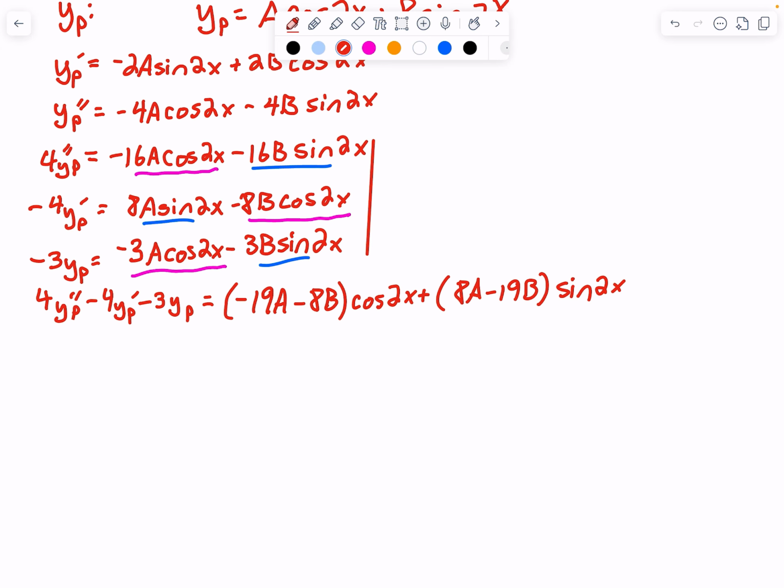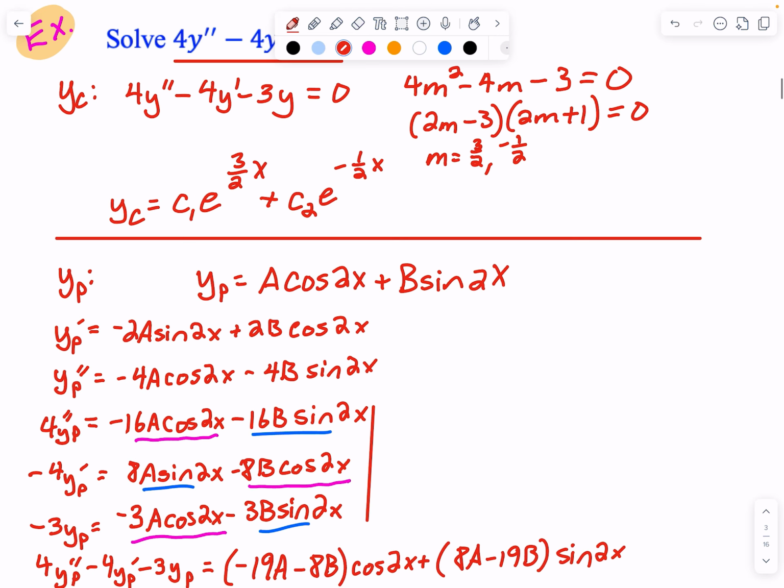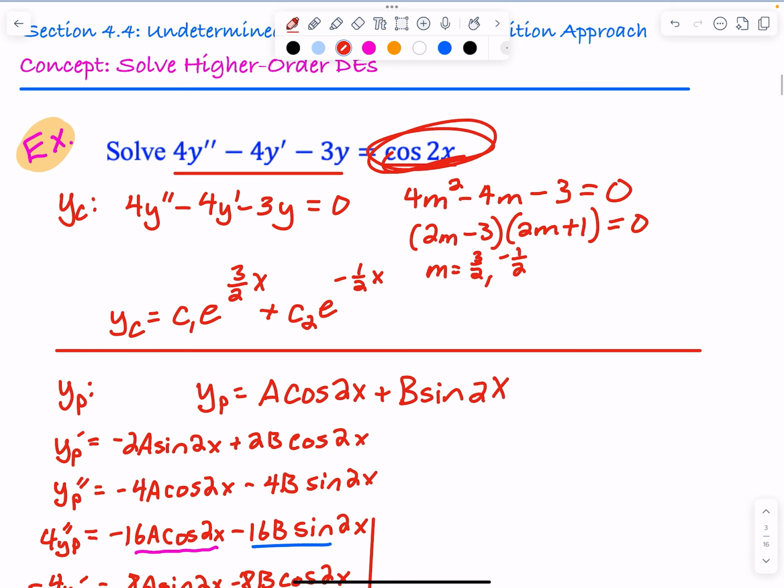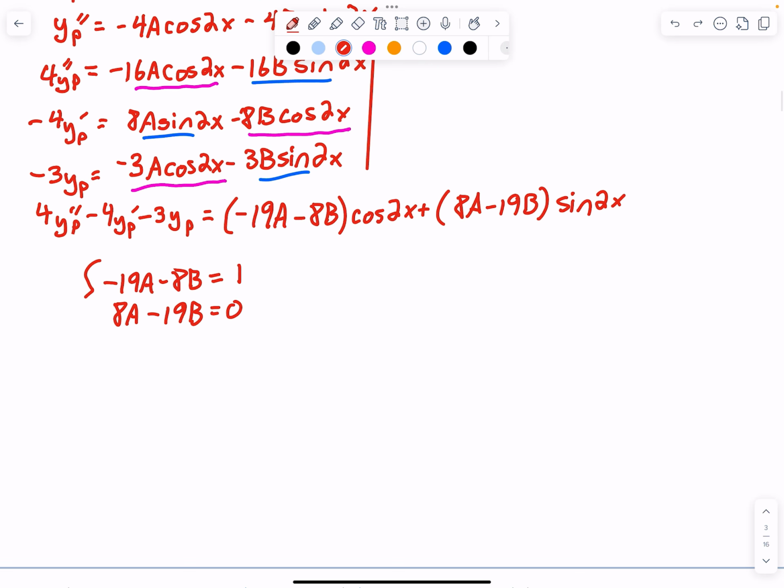And then now we have coefficients to set equal. So here's our system: negative 19a minus 8b must be equal to 1 from above, and 8a minus 19b is equal to 0, because in our answer up here, I have a 1 in front of the cosine, but there's a 0 in front of the sine. So that's why we have this system. Use your calculator or do it by hand.